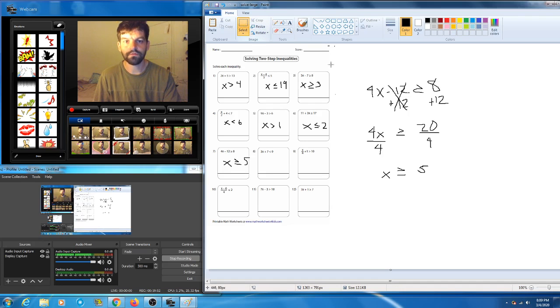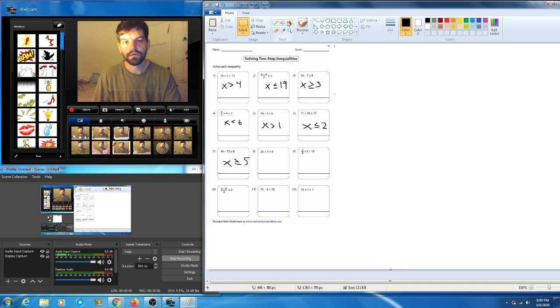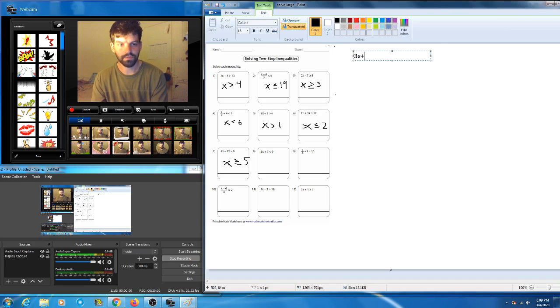Alright, let's look at this next one here. Okay, so we have 3x plus 7 is less than 9. Now, what we're going to go ahead and do here is, there's no fractions that we have to deal with, so we're going to subtract 7 from both sides because that's the inverse of adding 7.